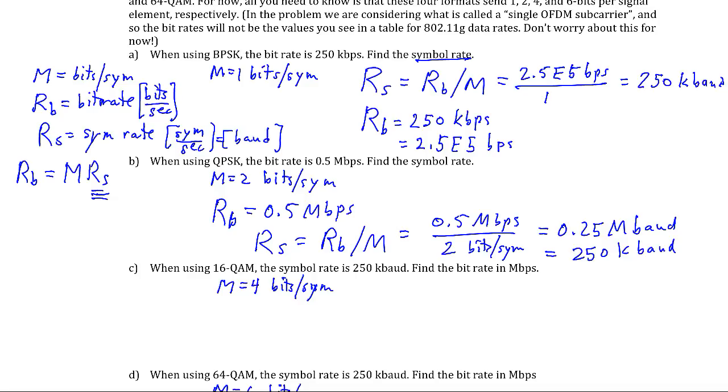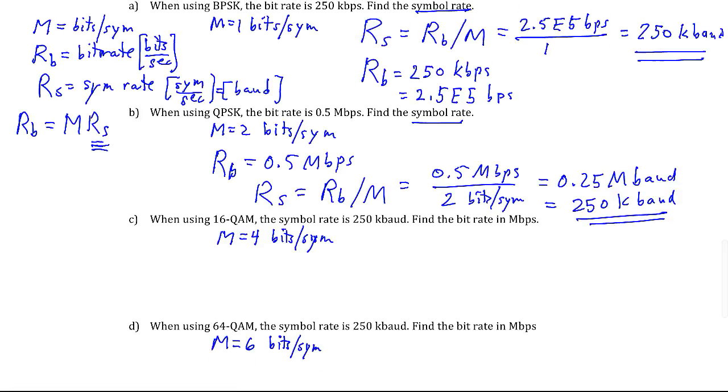As a matter of fact, in 802.11b 250 kilobaud is the fixed symbol rate, and in fact that is the symbol rate I give you for parts C and D. Okay, so right here we can see that in 802.11b Wi-Fi we have a fixed symbol rate of 250 kilobaud.